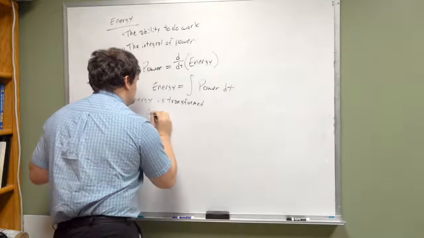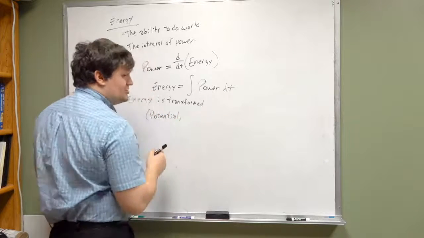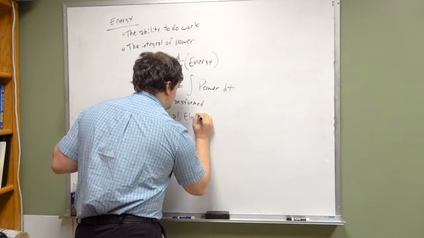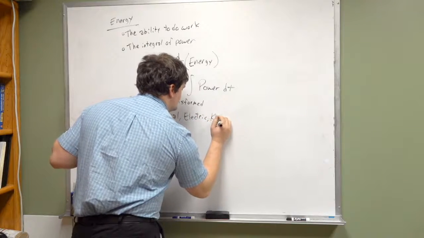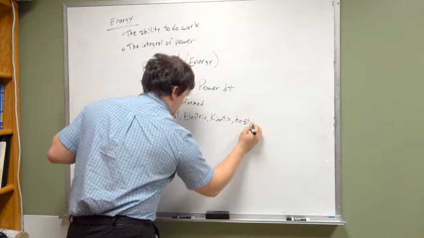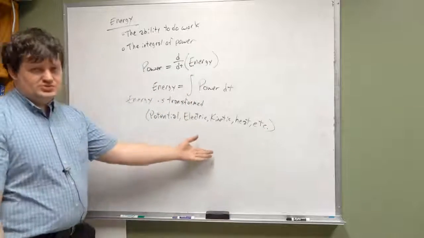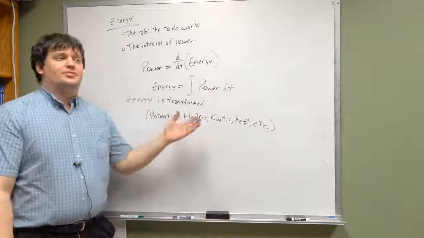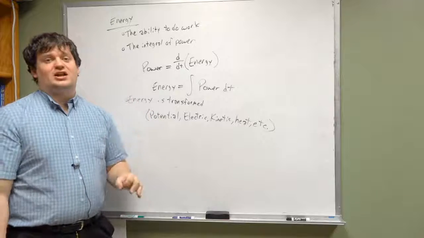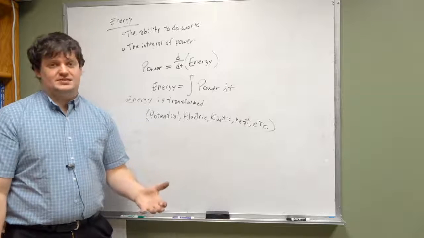Sometimes it's potential, sometimes gravitational energy, sometimes it's electric energy, sometimes it's kinetic, sometimes it's heat. There's a lot of different kinds of energy, and energy transforms between all of them. It is, with power, also a defining, unifying feature that exists in all of physics.